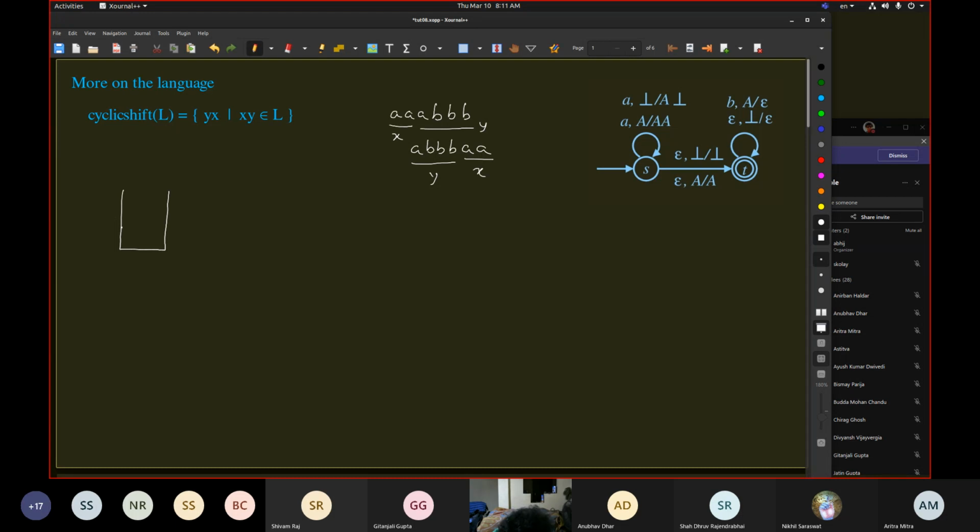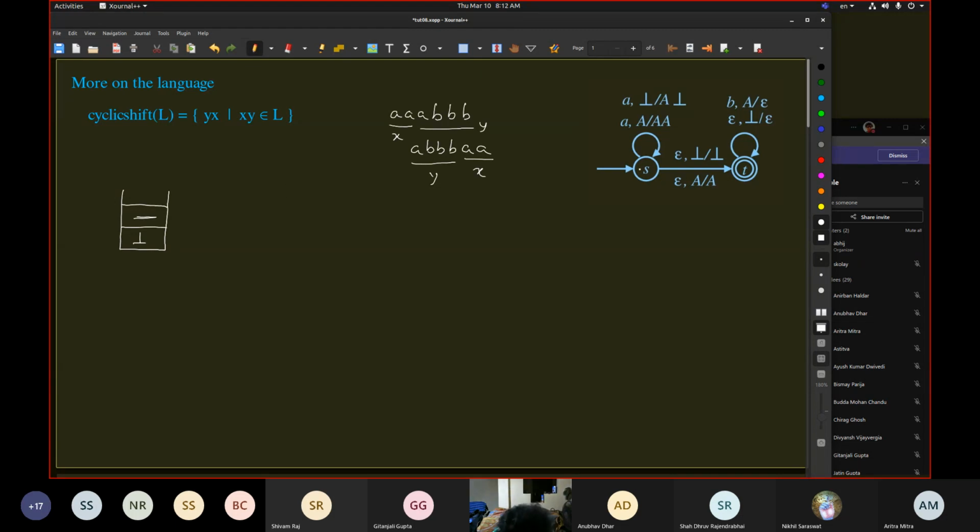So it starts first by adding some kind of separator symbol like this. Also, it chooses a state S or T of the original machine non-deterministically.